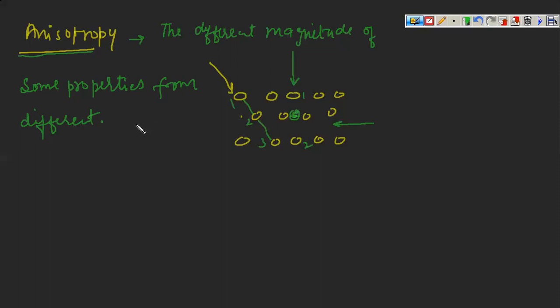So crystalline solids are anisotropic. The next one, they have long range order.